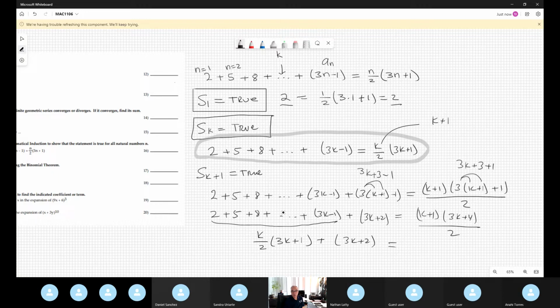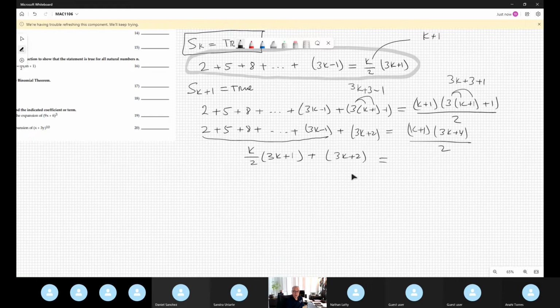Equal to something I don't want to write now. Now, why not? Put it together. Put in one common denominator, 2. So we have k times 3k plus 1, plus 2 times 3k plus 2. Okay, what more? Well, no idea.